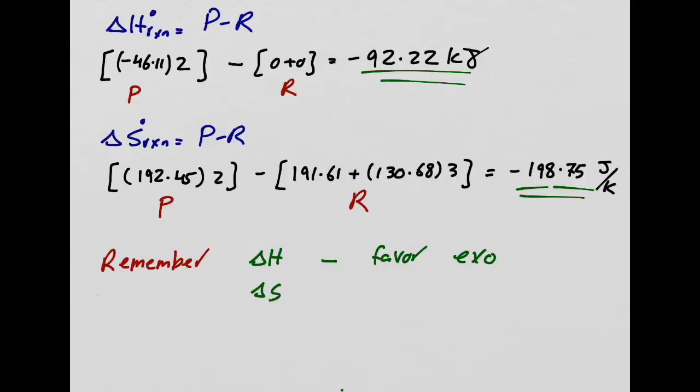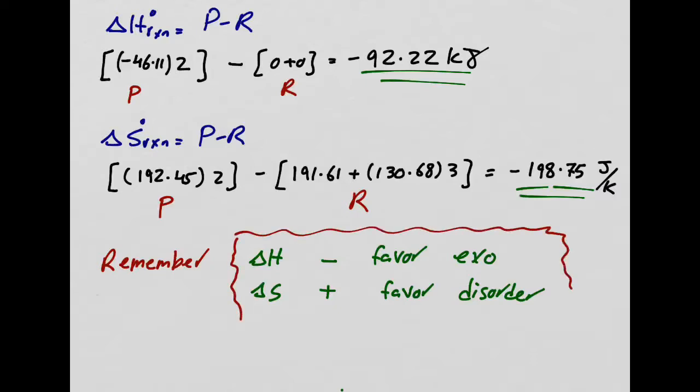If delta S is positive, that is also favored because this order is favored. And exothermic, when you release energy, is favored. Okay, so these are my favored.